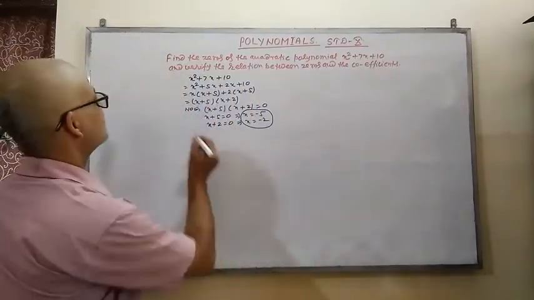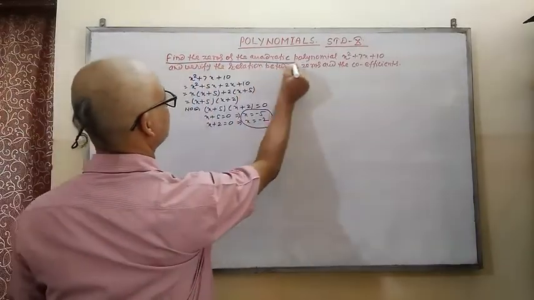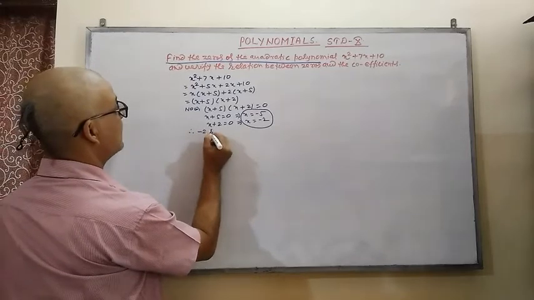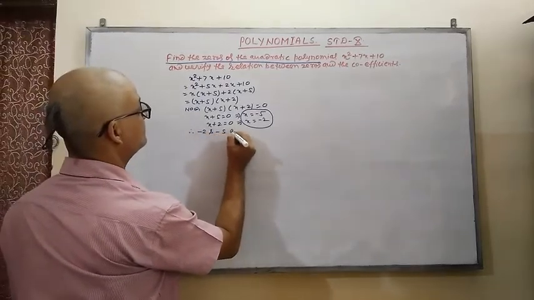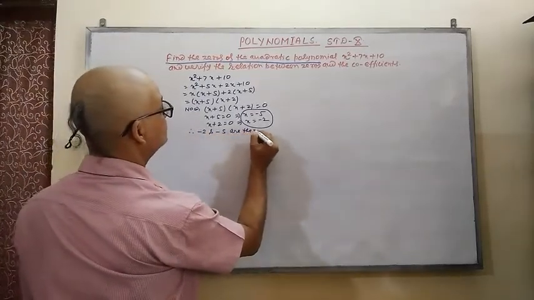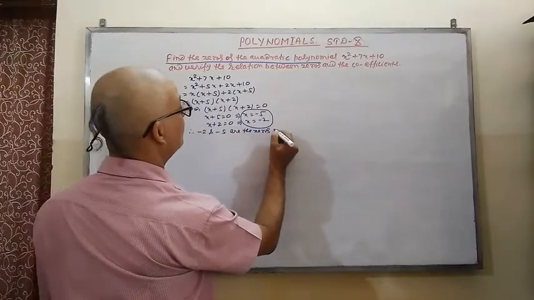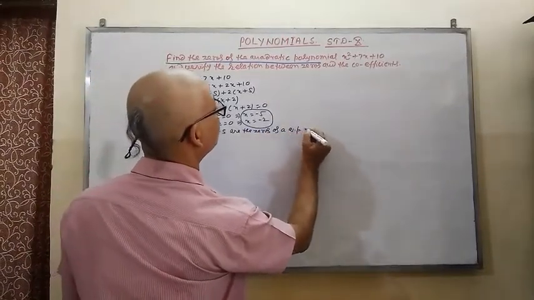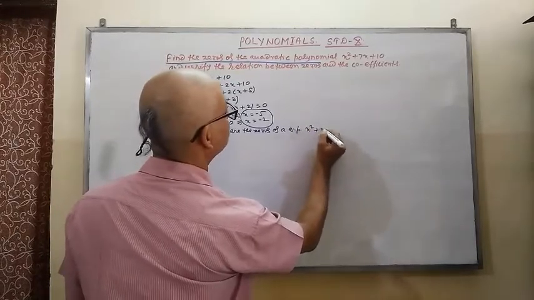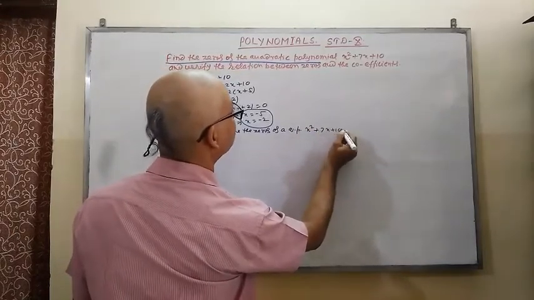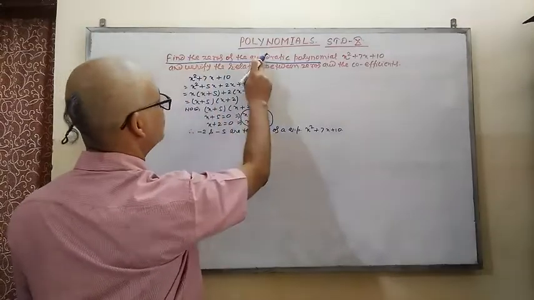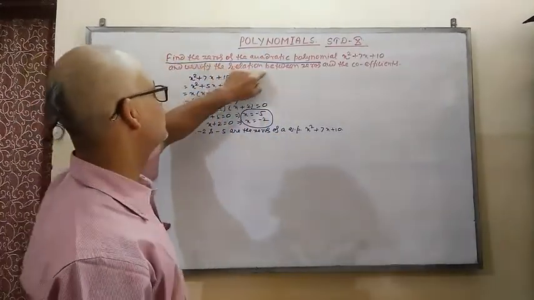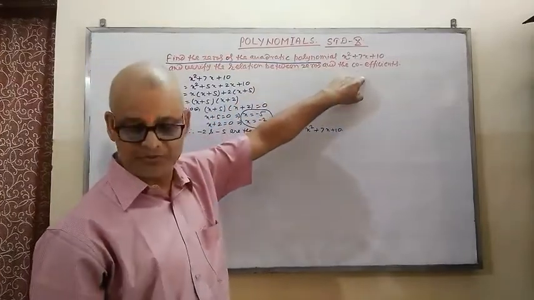So the first question answer is, therefore minus 2 and minus 5 are the zeros of the quadratic polynomial x square plus 7x plus 10. This is the first part of the question. Second part is, verify the relation between zeros and coefficient.